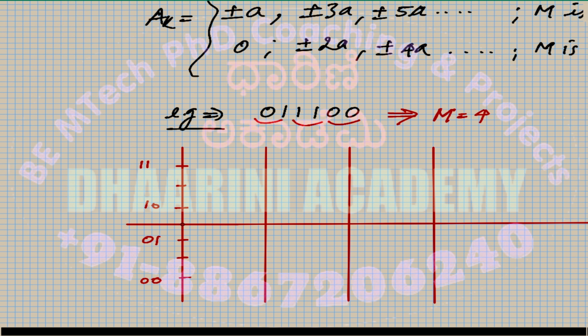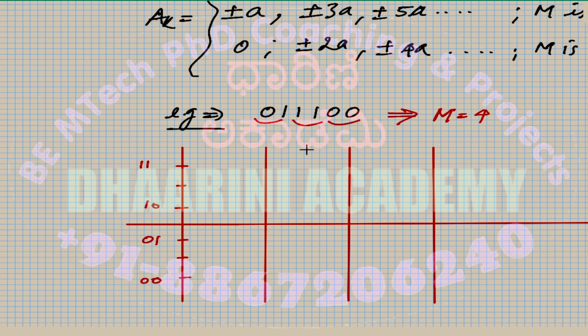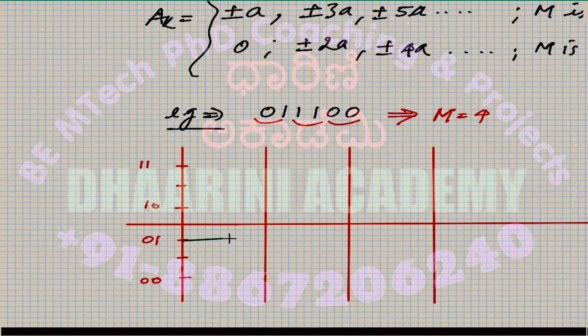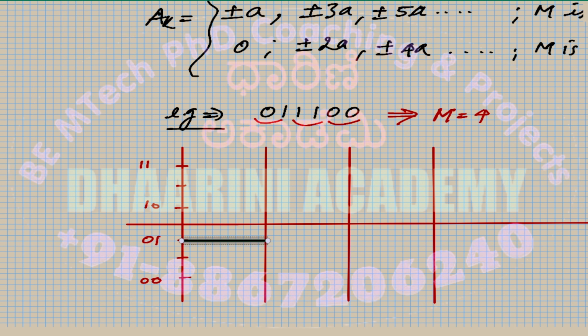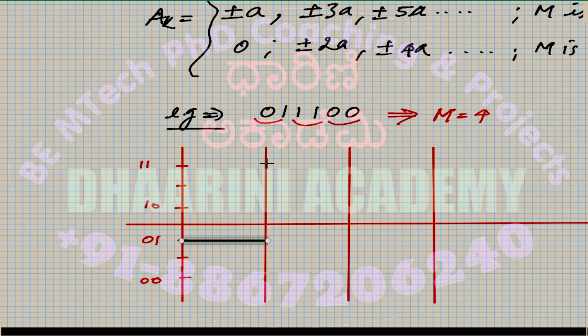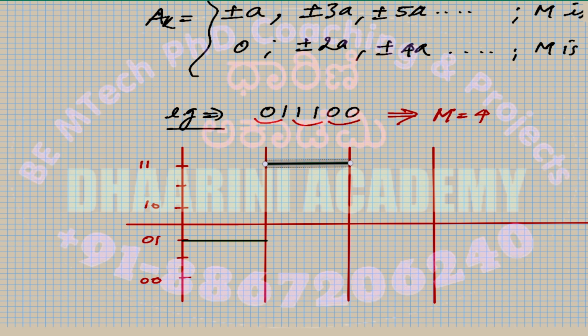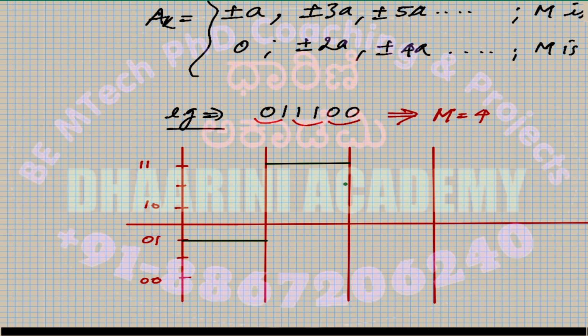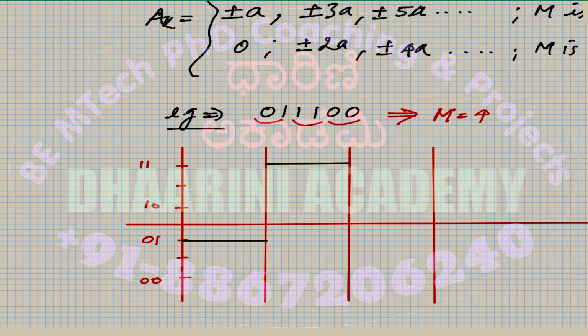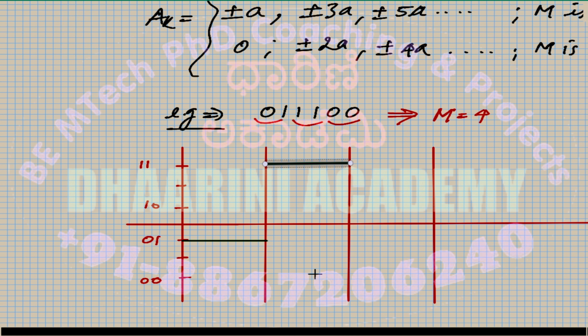Correct? Right. Now, the first one is 0, 1. So it should start where? It should start here. This is my first symbol. Then I can see the next symbol is 1, 1. So this is the next level that you are transmitting. And the last symbol is 0, 0. So I know that 0, 0 is over here.